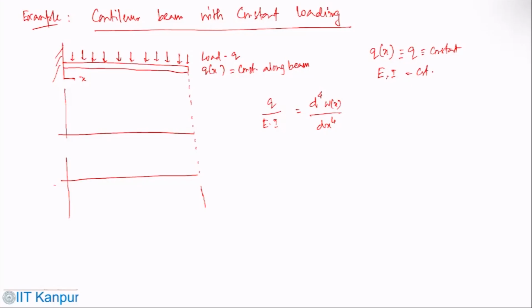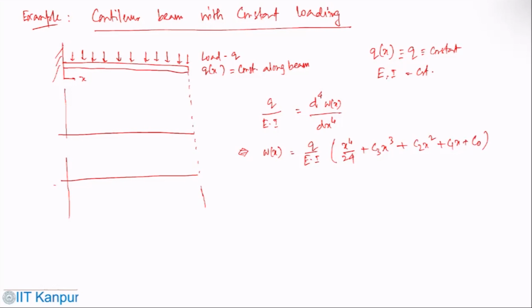From here we get w equals Q by E dot I times x4 by 24 plus c3 x cube plus c2 x square plus c1 x plus c0.